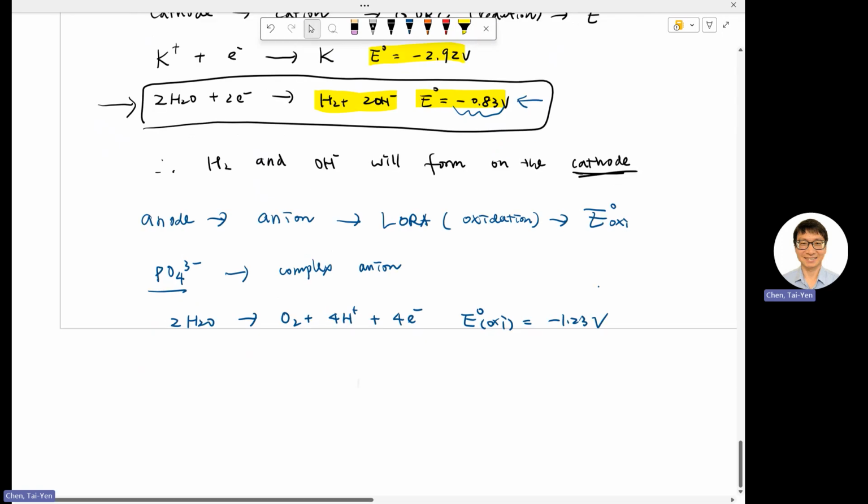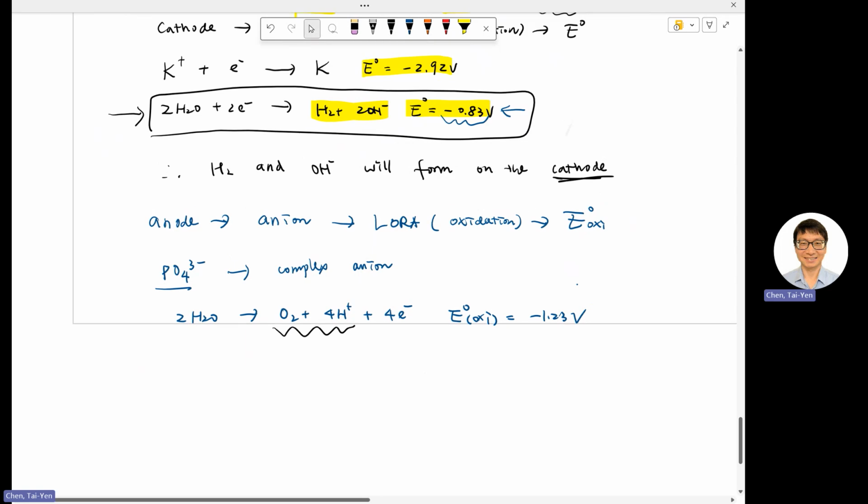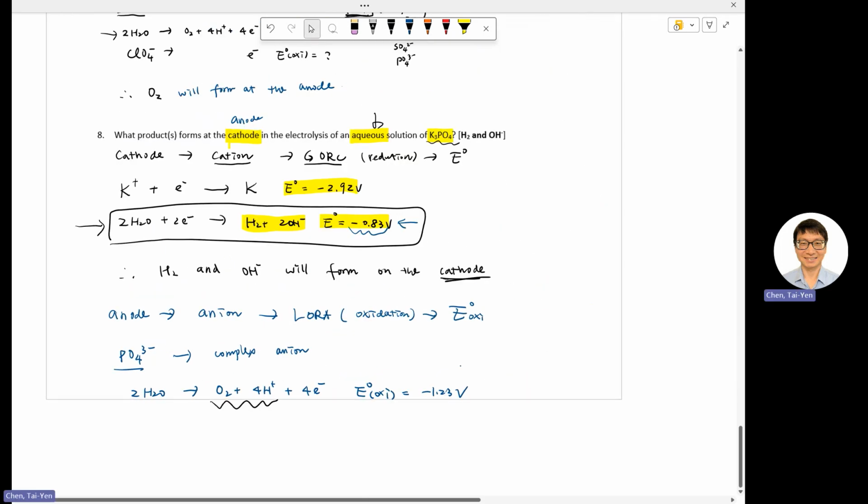So the products that form at the anode will be O2 and H plus. Hopefully it makes sense, and you understand how to use these simple principles to predict which species will form at the cathode and the anode.